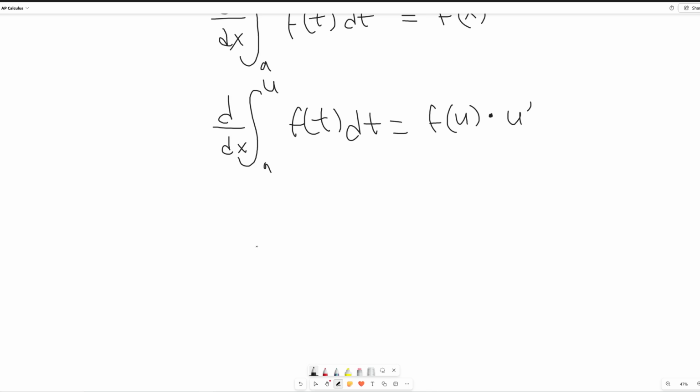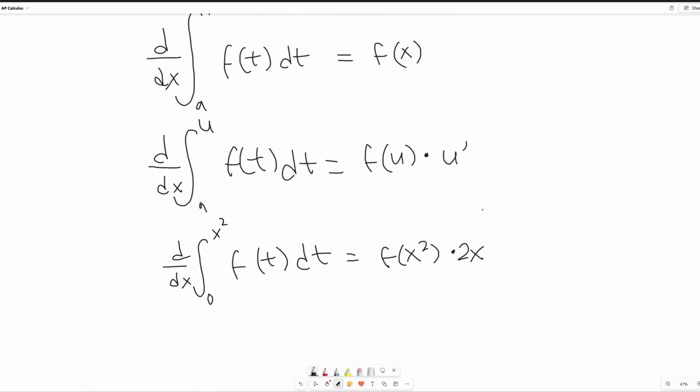So, if you have, for instance, 0 to x squared of f of t dt, and then you take the derivative of it, you're going to get f of x squared times 2x.